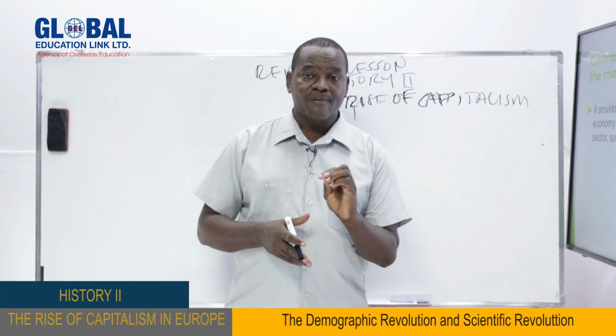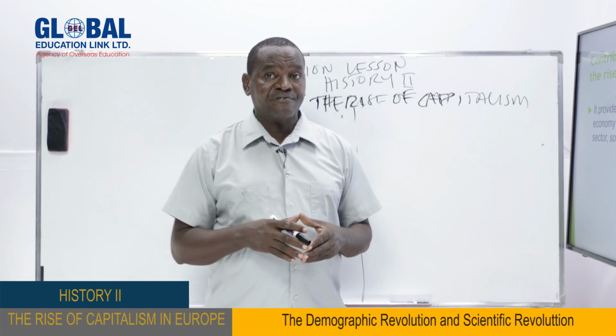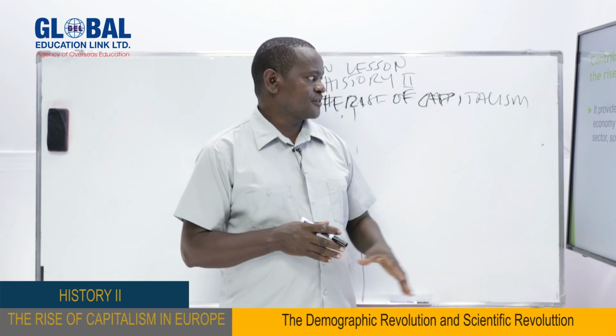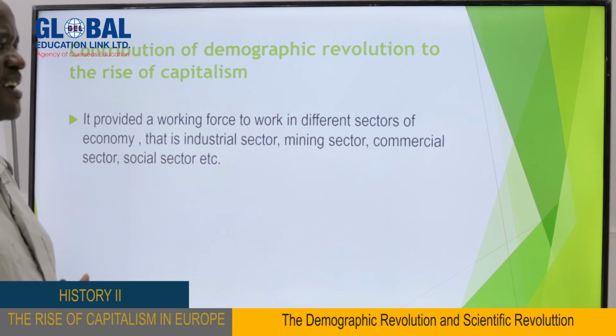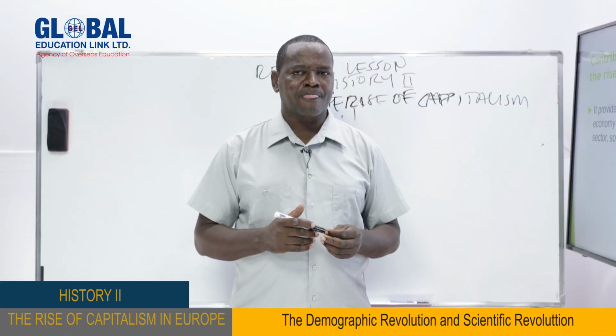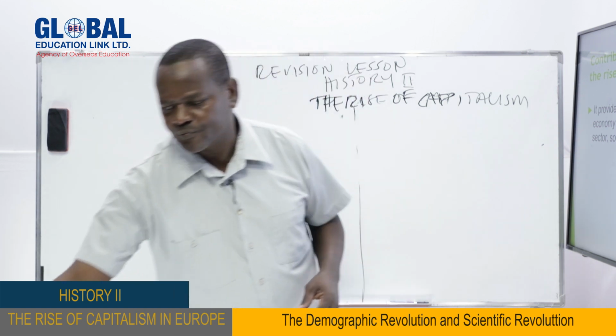And that has brought what we call division of labor and specialization. And my dear students, wherever we have division of labor and specialization, efficiency of production will always increase a lot. So this was able to push the development of different sectors of production, which led to the rise of capitalism in Europe and so on.